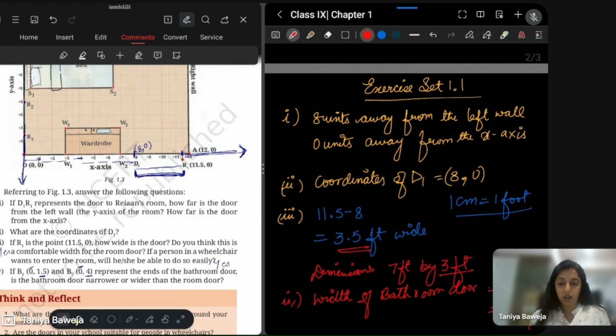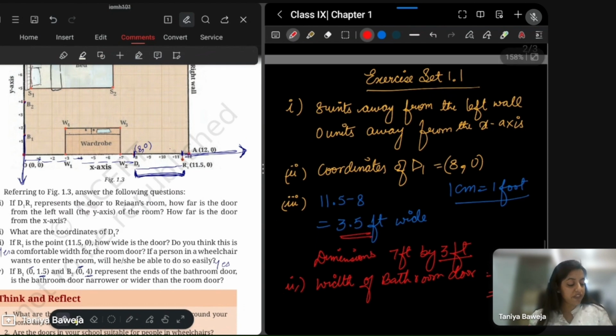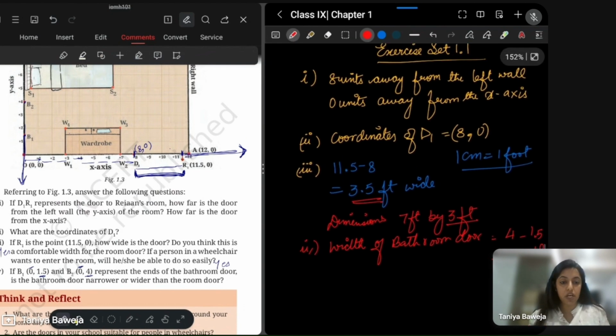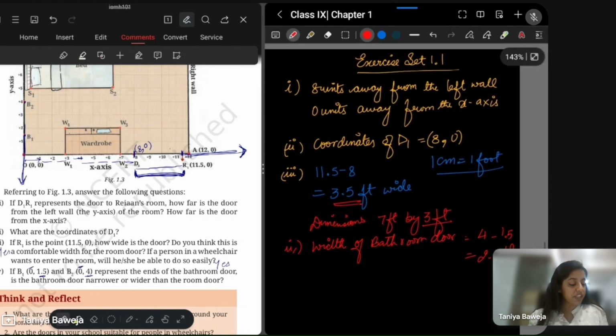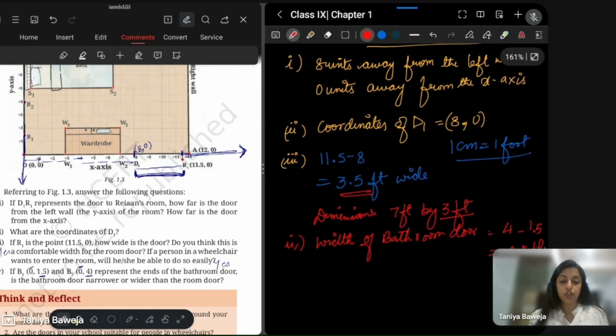Is it broader or narrower than the room door? What was the width of the room door? 3.5 feet, and what is the width of our bathroom door? 2.5 feet. So it is narrower than the room door. So the bathroom door is narrower than the room door.